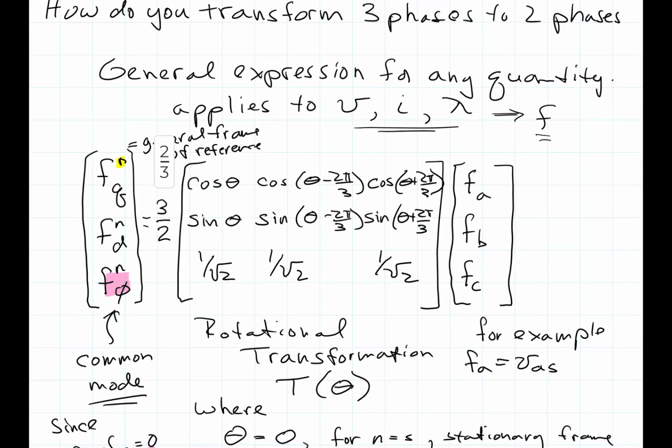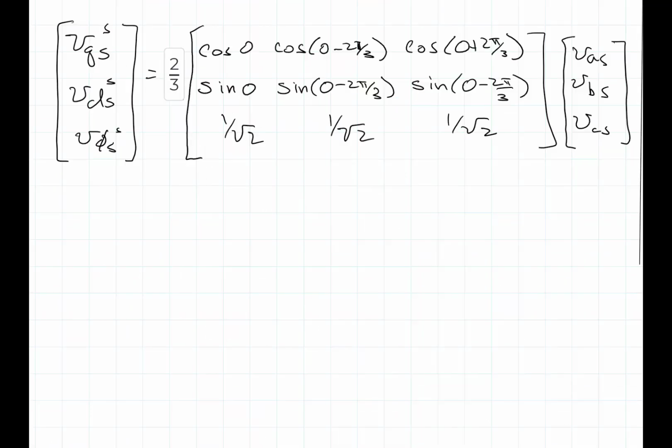phases to 2 phases. So cleaning things up and substituting in for this arbitrary f, we're going to find the VQ of the stator phase and a VD of a stator phase, and there's a V0 of a stator phase.